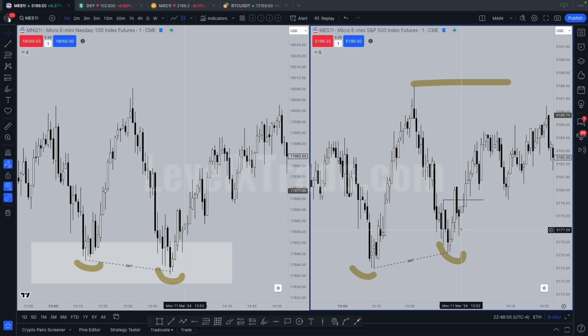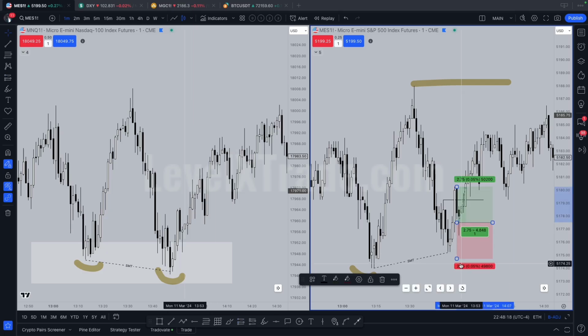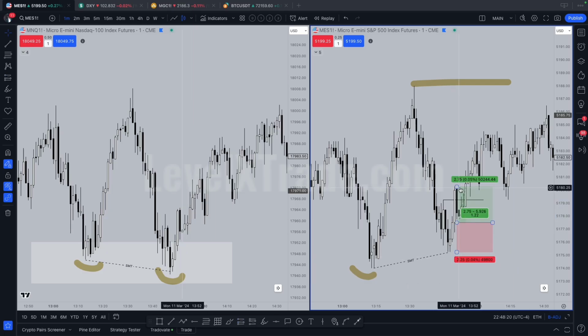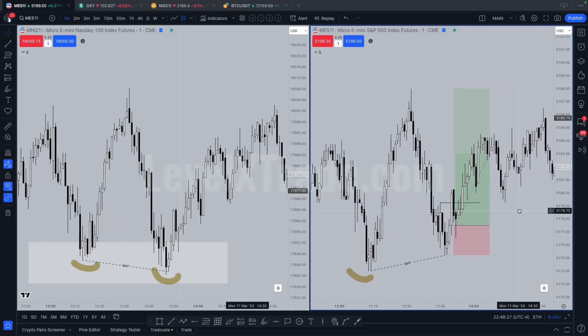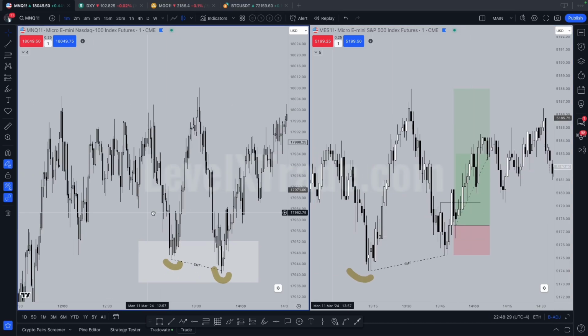I would be looking for a buy when there's a retracement into this area, because ES is going up faster. So let's say I would be putting a stop right here, covering the low, target at the top, 1 to 4, boom. That's a good example, and you can look throughout the chart.